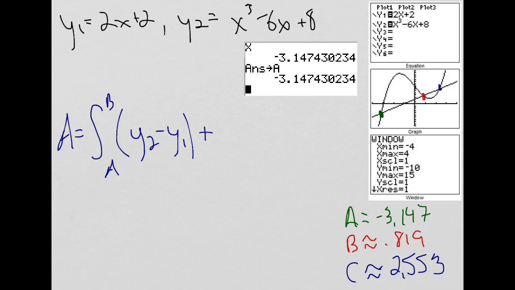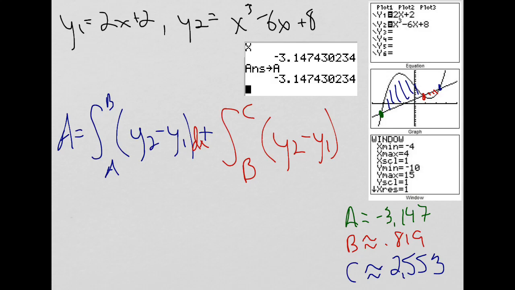That gives me this region. Now the next little region is going to be y1 minus y2. So I'm going to do the integral, but now from B to C, open parentheses, y1 minus y2, close, dx. I should indicate that dx.